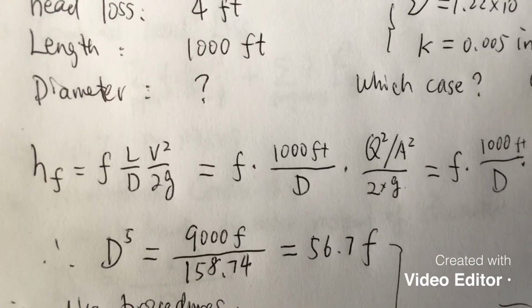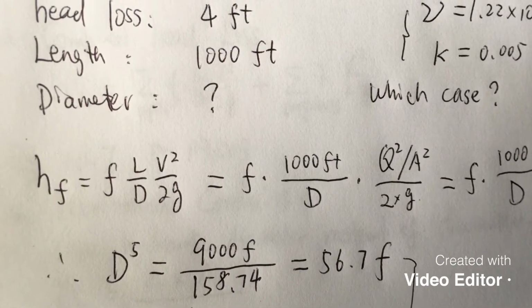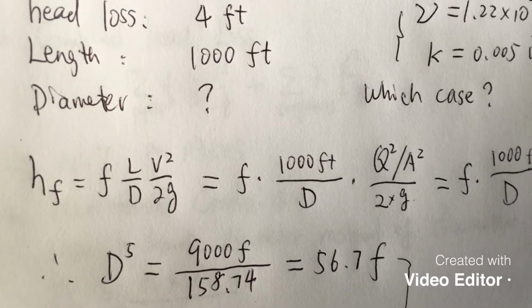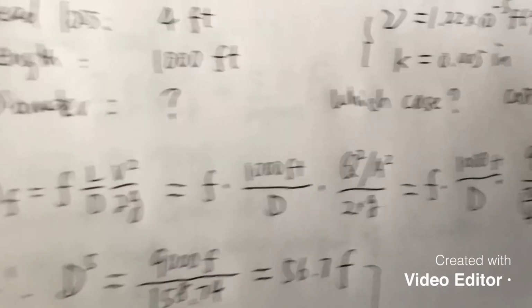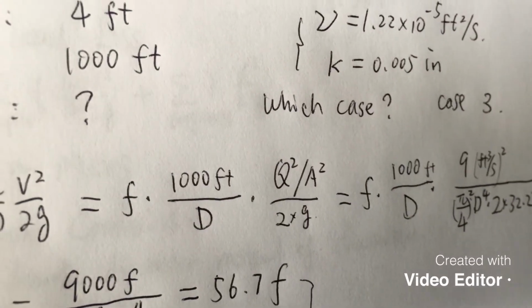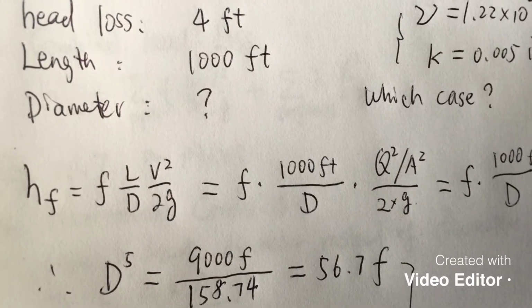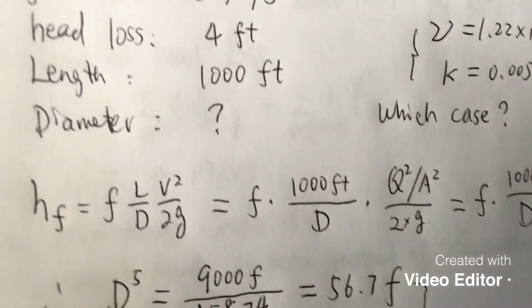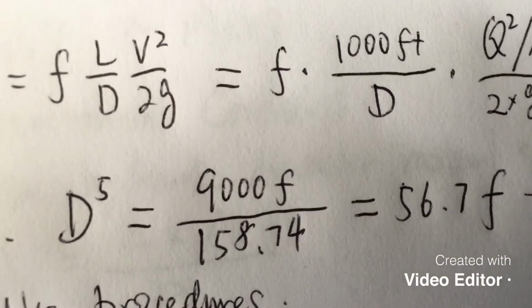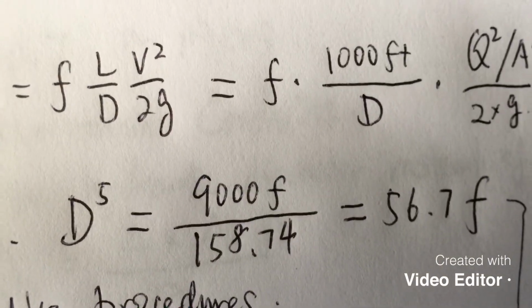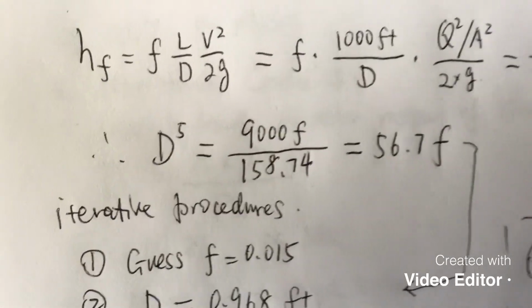If you rearrange this equation, it becomes D to the power of 5 equals 56.7 F. So D and F are two unknowns, and the whole thing HF is 4 feet. If you have two unknowns, we can use iterative procedures.